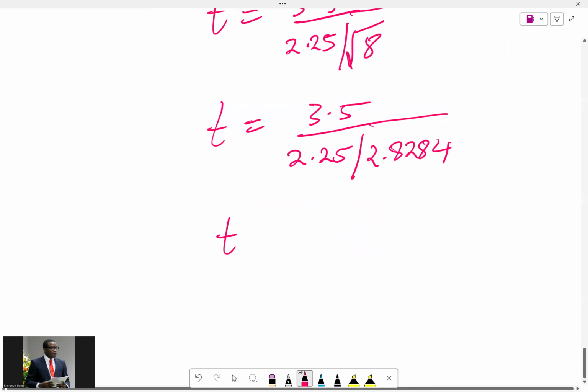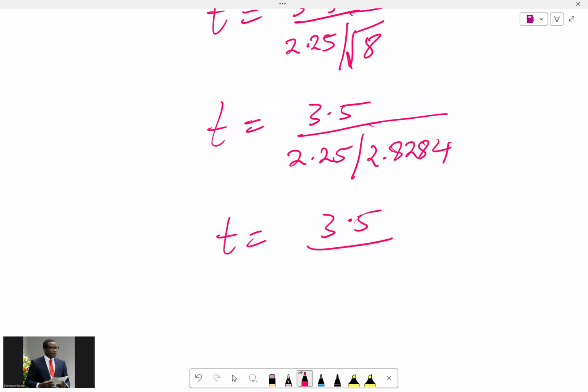So this t now is 3.5 divided by 2.25 divided by 2.8284. So now approximation sets in.